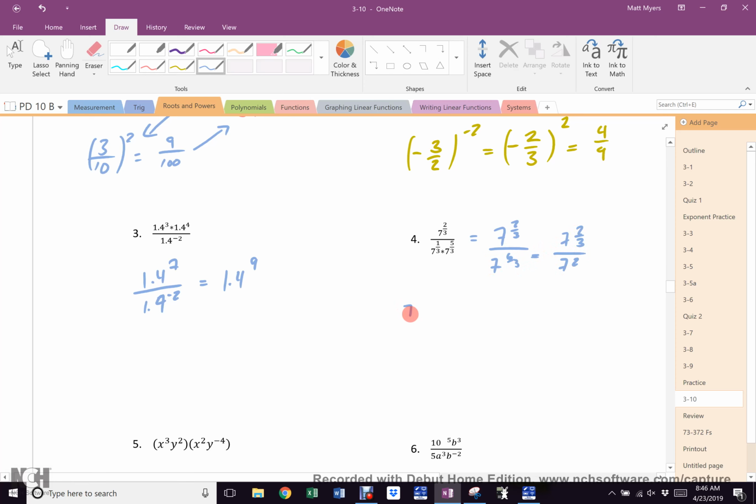Now what do you do? What should I do there? Because they're the same base. 2/3 minus 2 over 1. But we can't do 2 over 1. It's 7 to the 2/3 minus 6/3, which is 7 to the negative 4/3.